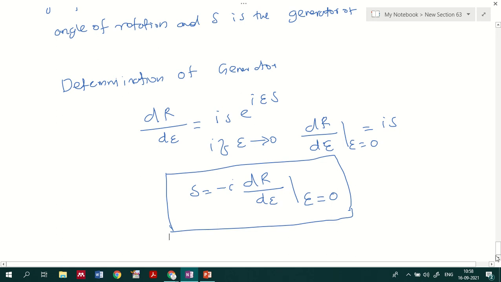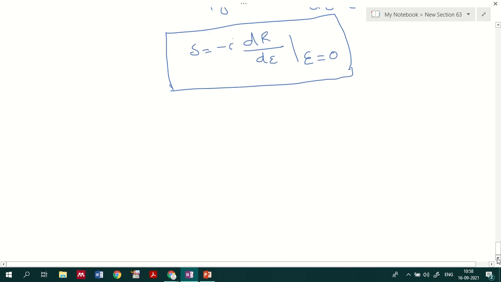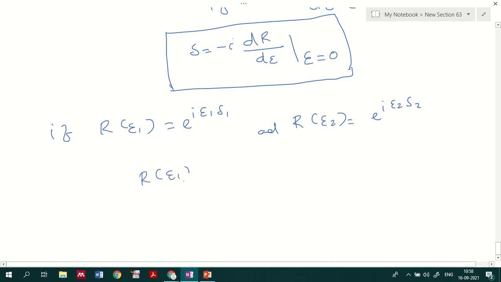Now for example, if R of epsilon 1 is equal to e raised to I epsilon 1 s1, and you have another element R of epsilon 2, that is e raised to I epsilon 2 s2. Now if you do R of epsilon 1 into R of epsilon 2, this will be equal to e raised to I epsilon 1 s1 e raised to I epsilon 2 s2.